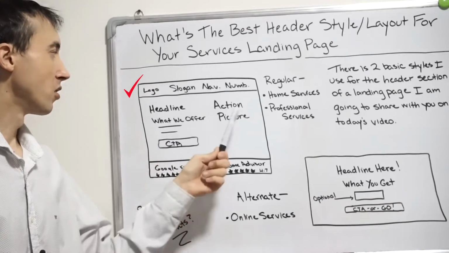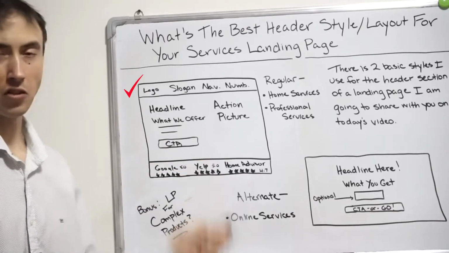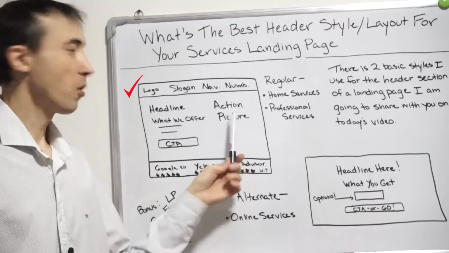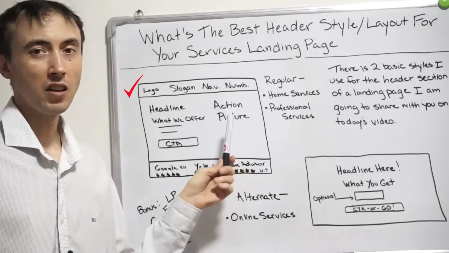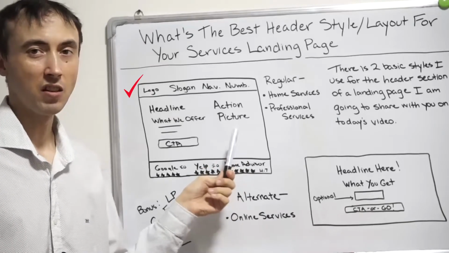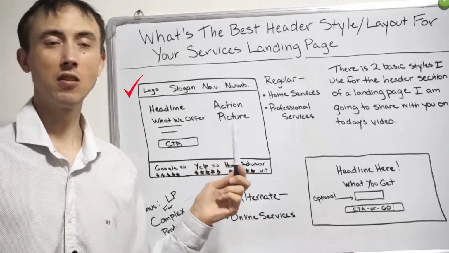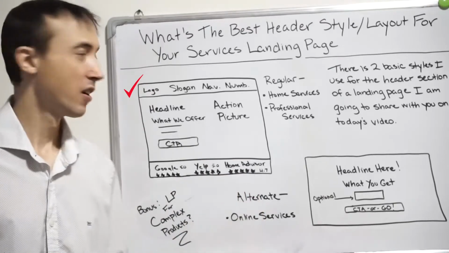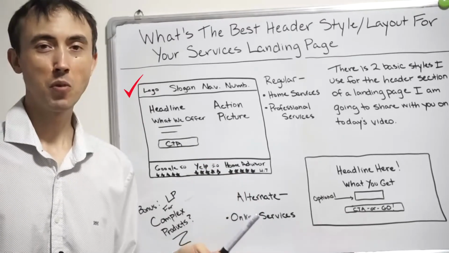Beyond that, start here on the right hand side, the action picture. If you have an AC repair service, what you want here is a guy fixing an AC unit. Okay, if you offer broken toilet repair, you want a picture of a guy fixing a broken toilet.